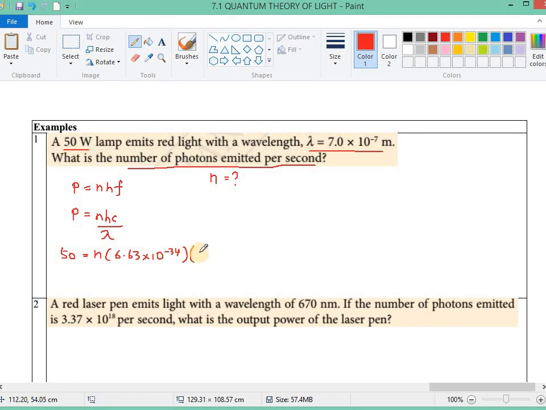The speed of light is 3 times 10 to the power of 8, divided by 7 times 10 to the power of negative 7. So we get n equal to 1.7597 times 10 to the power of 20 per second. So every 1 second, this is the number of photons emitted by the 50-watt lamp.